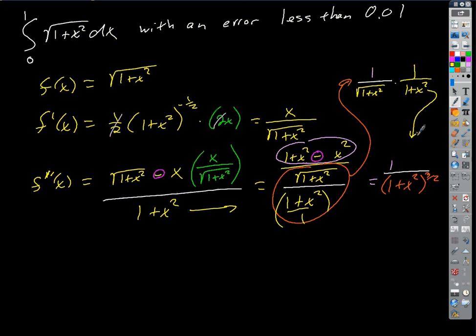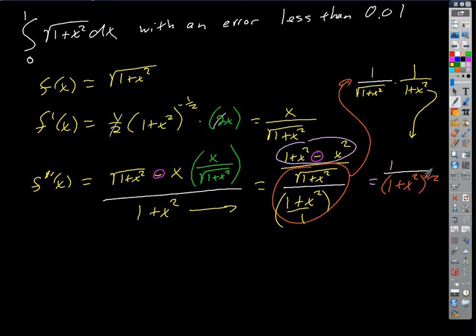Okay, so now our interval goes from 0 to 1. The absolute value of the second derivative: if x is non-negative, going from 0 to 1, are there any places where our second derivative would ever be negative valued? No, it's going to be positive valued everywhere.